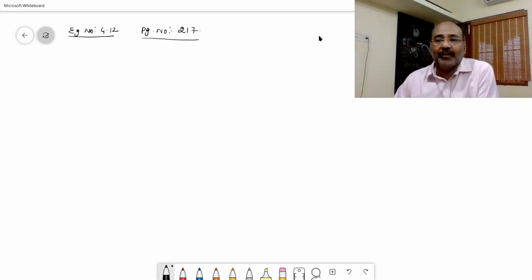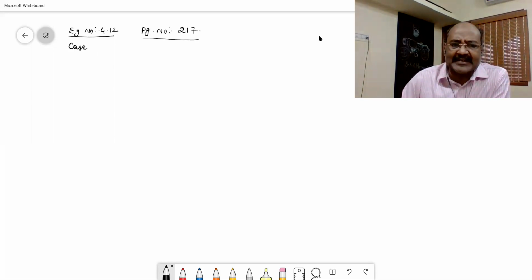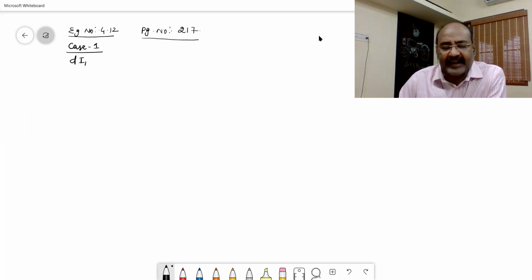See, what is the problem given? The current flowing in the first coil changes. So in the first coil, current changes. Let us take this as case 1. Change in current, I am taking it as d, in the first coil I1. So the current change in the first coil, represented as dI1, is from 2 ampere to 10 ampere.